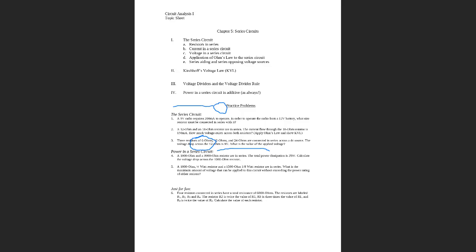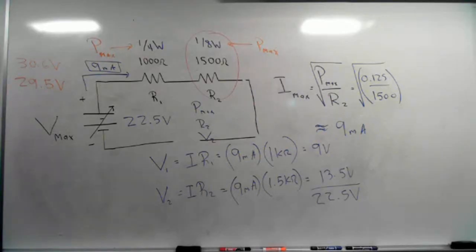So once we get done here, we still have a little more work to do, so don't sign off if you don't have to. What I want to talk about next is series aiding and series opposing voltage sources, and then voltage dividers and the voltage divider rule. So let's deal with those two topics.